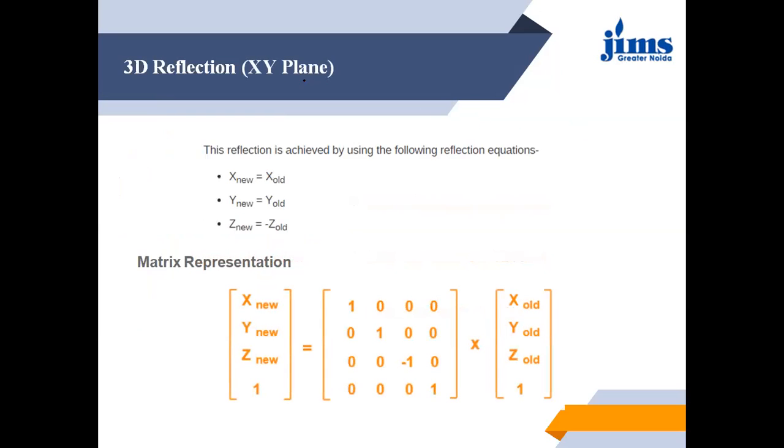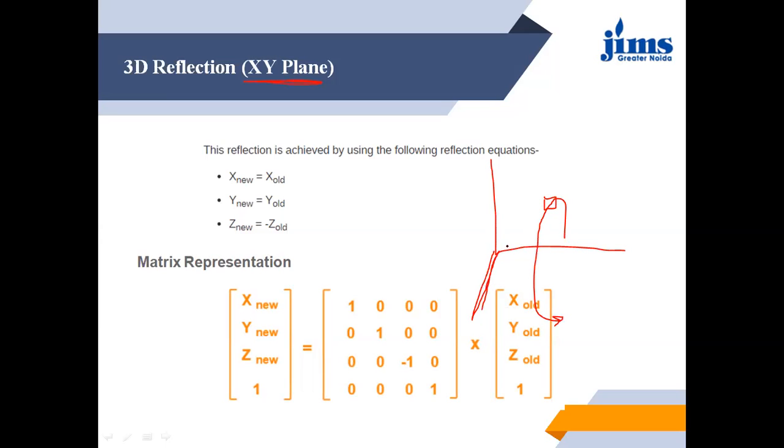So when there is a reflection with respect to the xy plane, suppose this is the object over here and we are reflecting it with respect to xy, then it will be over here.